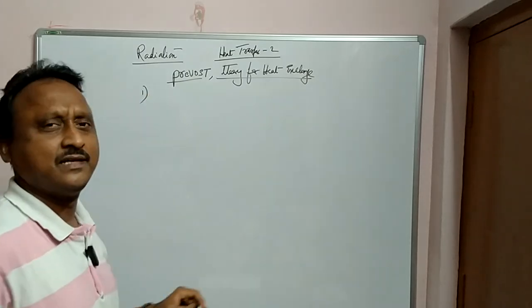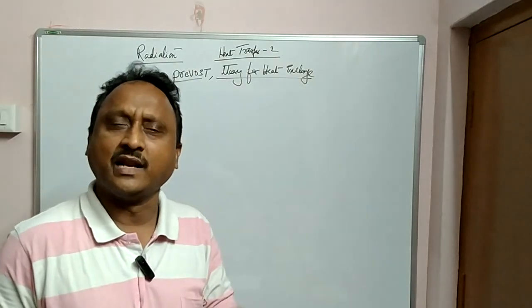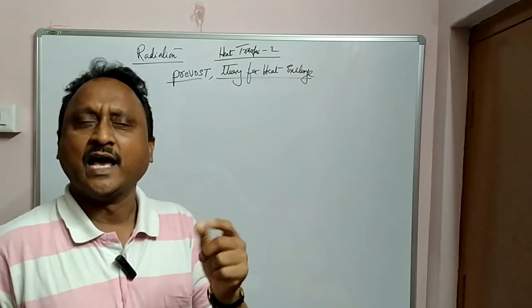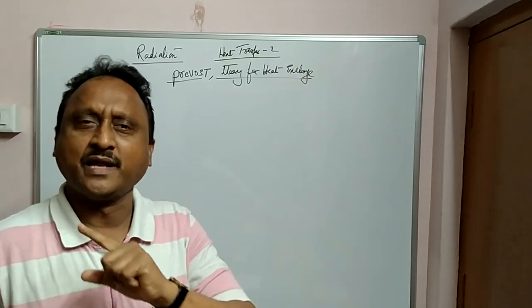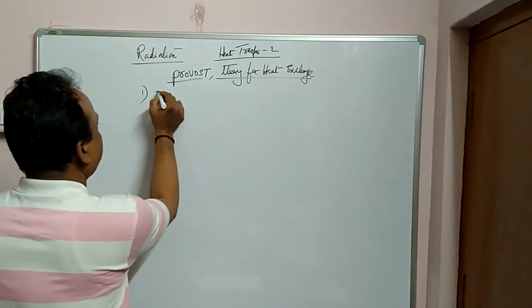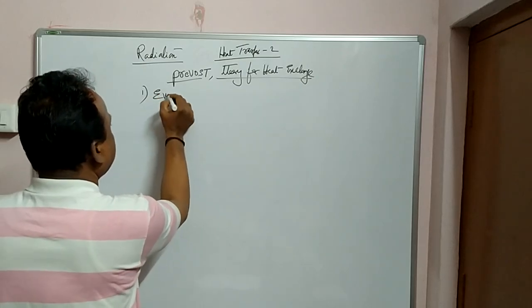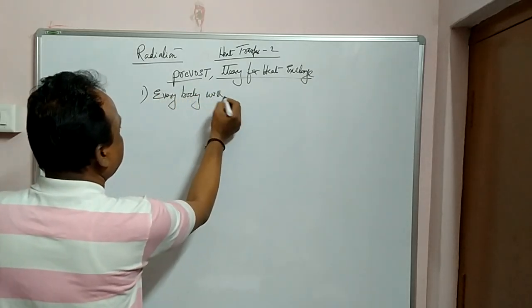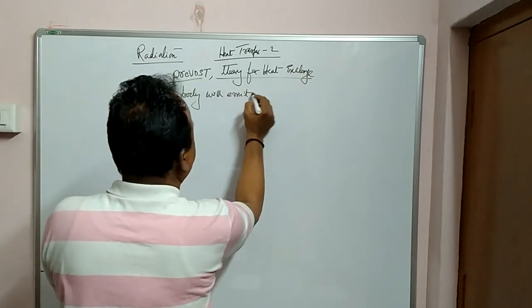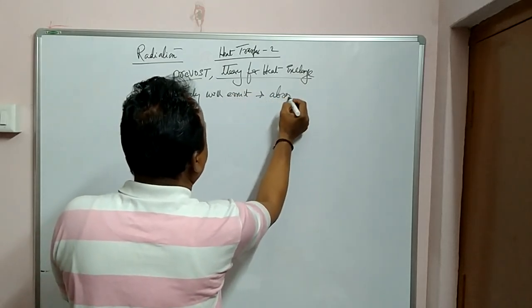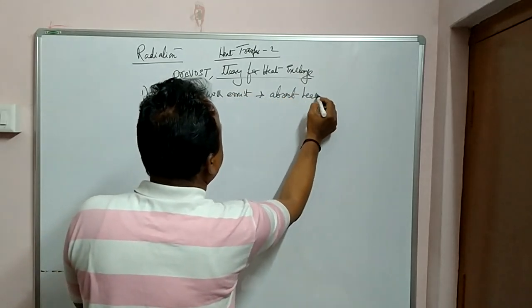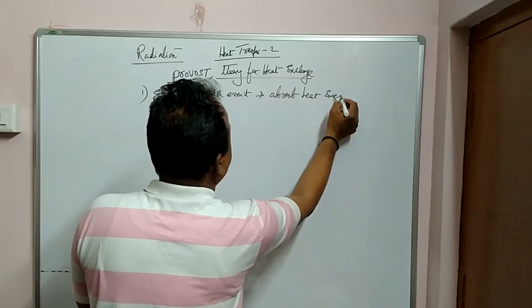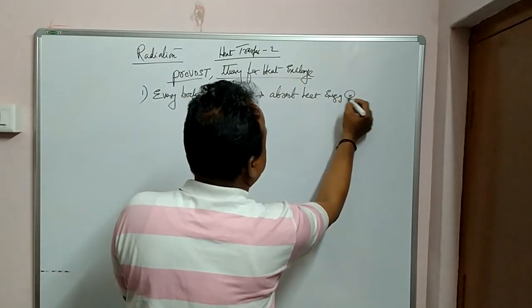What he said is every body will radiate and absorb energy at all temperatures. The first one he has given is every body will emit and absorb heat energy at all temperatures.